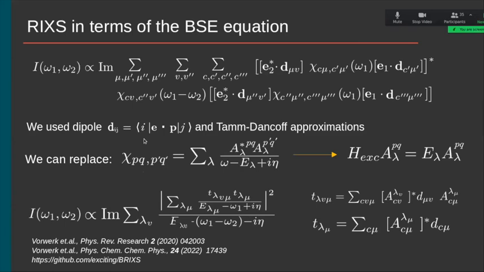So if we replace the polarizability, in this case I use these general indexes to refer that we can calculate it for core-conduction or valence-conduction transitions, we can express it as a function of the eigenvectors and the excitation energies that we obtain when we diagonalize the Hamiltonian that I explained before.